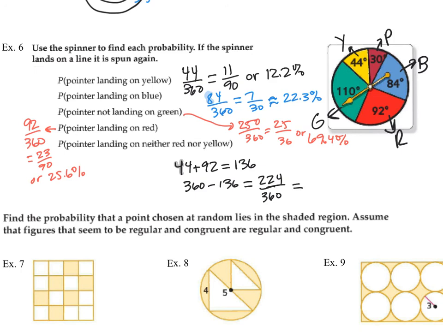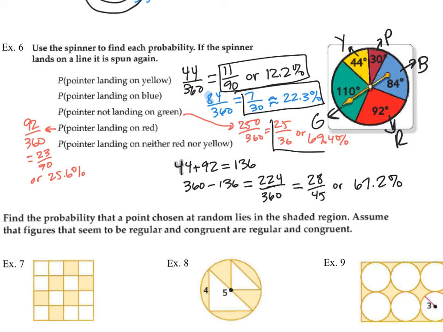That reduces to 28 over 45, or that would be approximately 67.2%. All right, so let me mark all these answers so we can see them. And the last one.